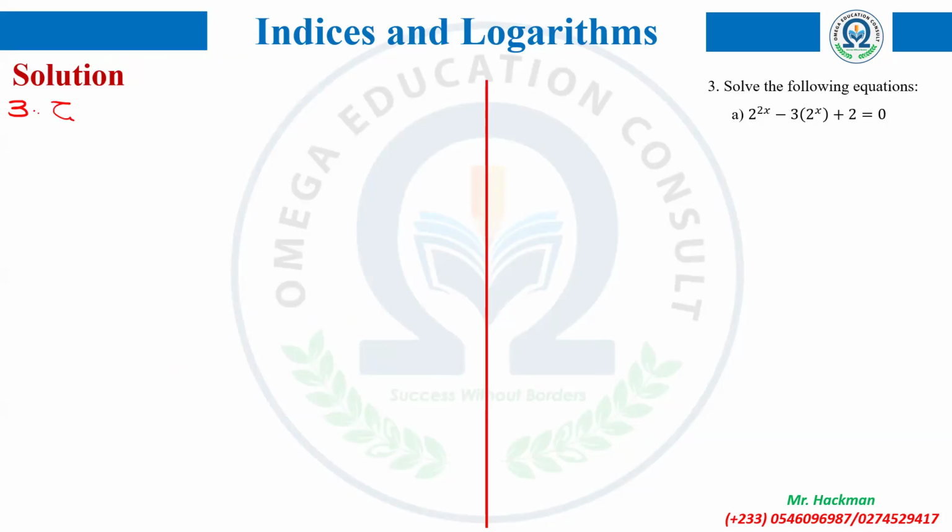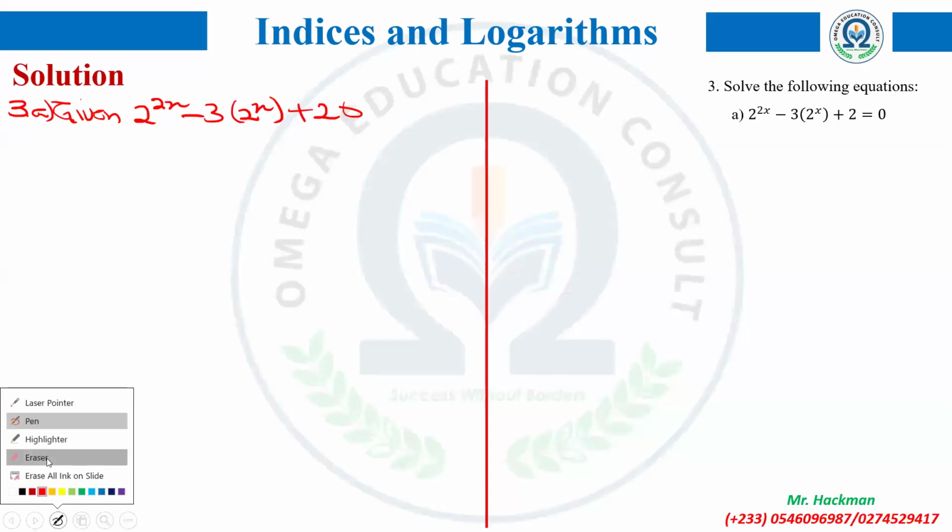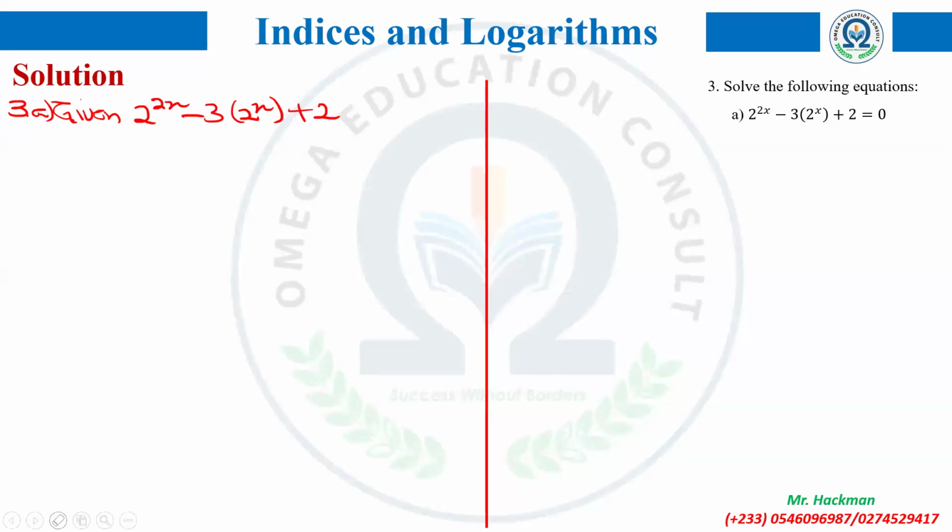The sub question number is A. So you've been given 2 to the power 2x minus 3 to the power 2x plus 2 is equal to 0. Please take notes. This is what we have.